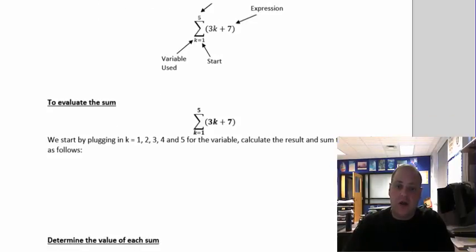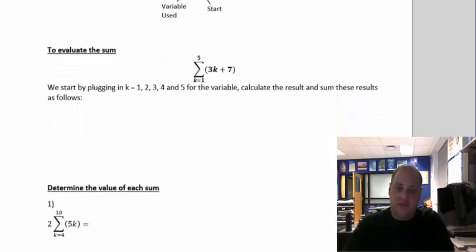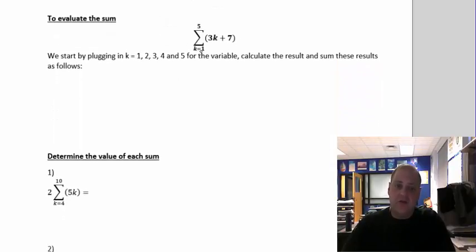I'm going to show you here how to evaluate sigma from 1 to 5 of 3k plus 7. That's how you read that: the sum from 1 to 5 of 3k plus 7. So we start by plugging in 1. It's going to be 3k, which is 1, so 3 times 1 plus 7.